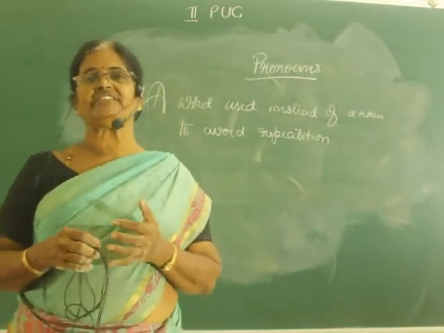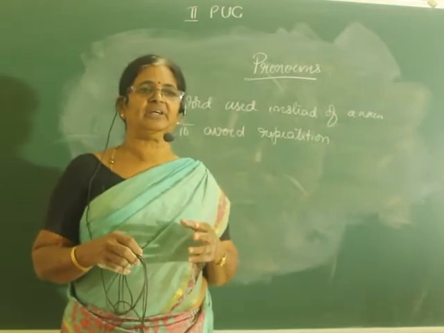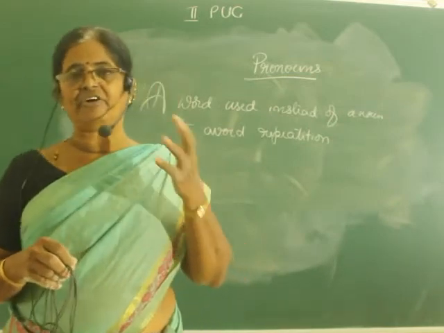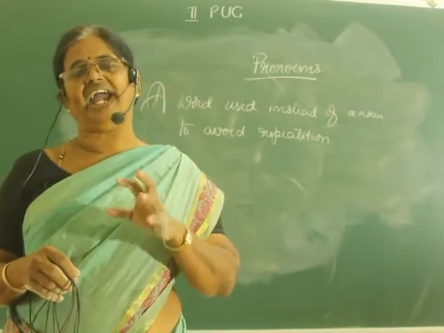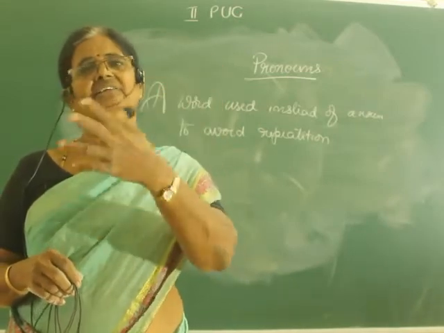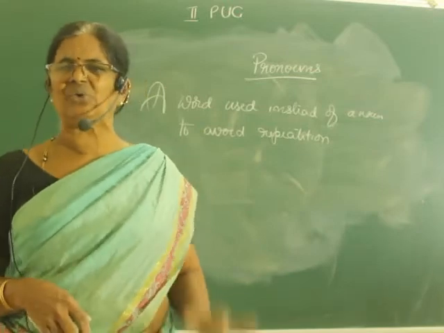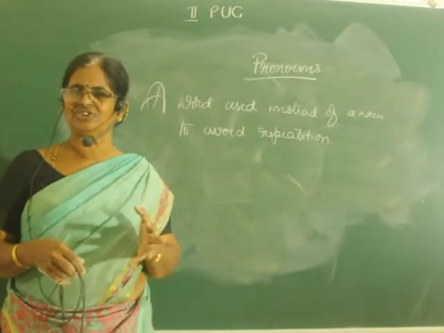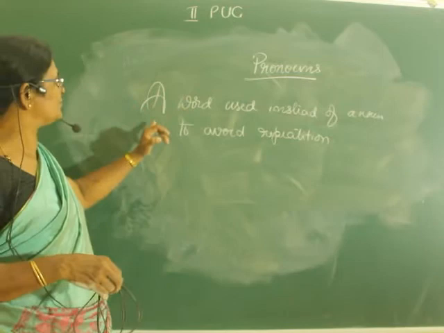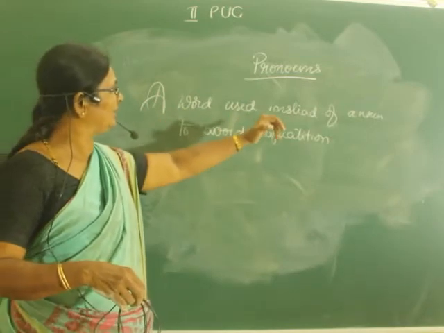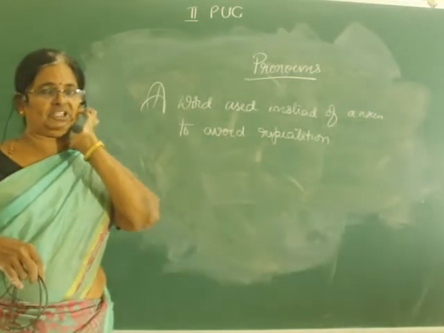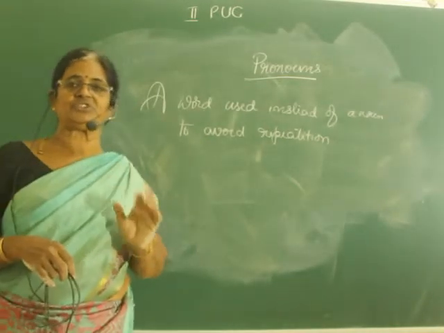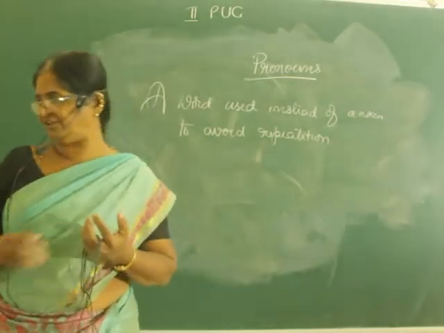Instead of that, we can say, Rama went to forest along with Rama's wife Sita and Rama's brother Lakshmana. How odd it is to listen, right? So, pronouns are used in the place of a noun, to avoid repetition. Avoiding repetition is to beautify the language.